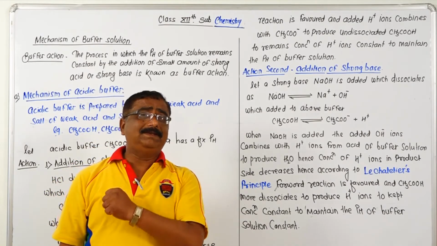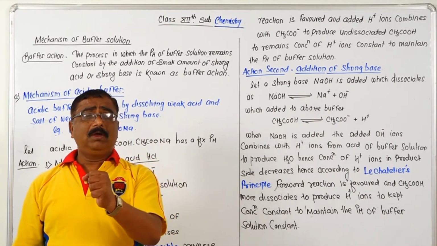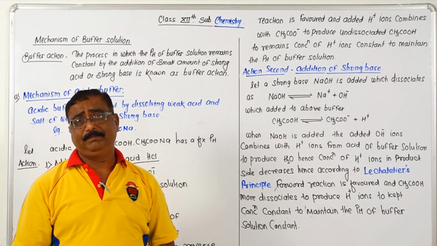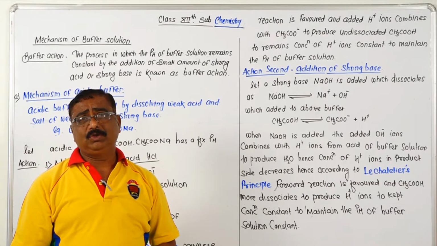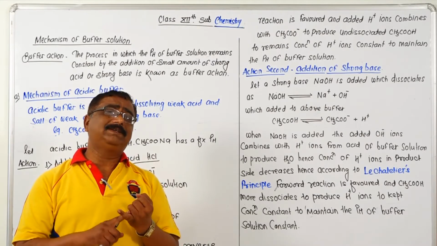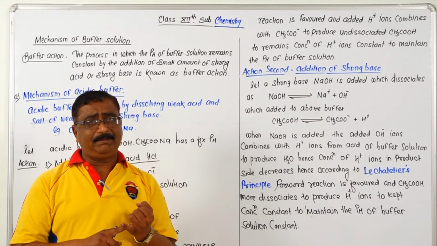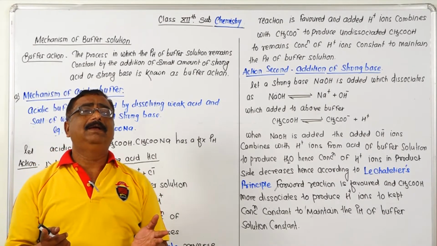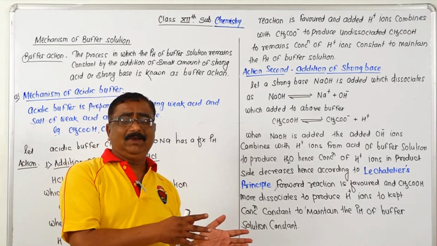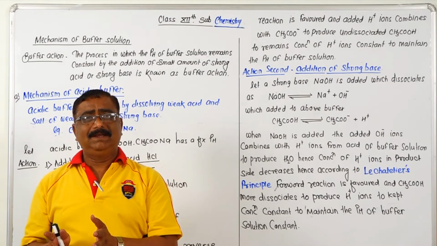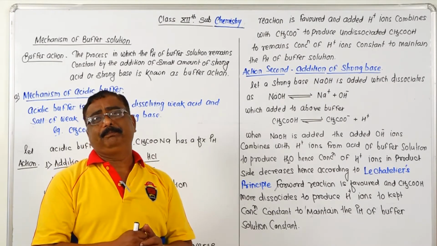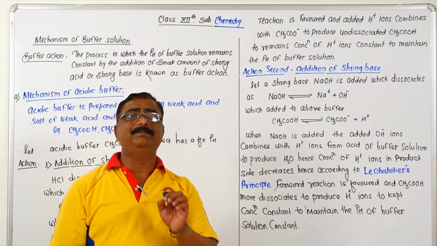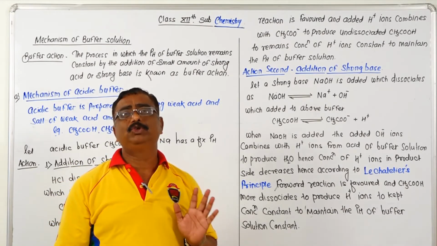Then the question arises, how does buffer solution maintain the pH constant? So let us consider, in case of acidic buffer as well as basic buffer, we add first acid or say base. At that time, how does buffer solution maintain the pH? That is known as the mechanism of buffer solution.